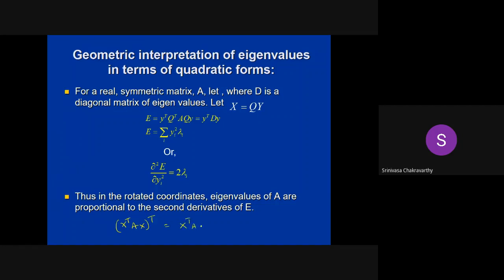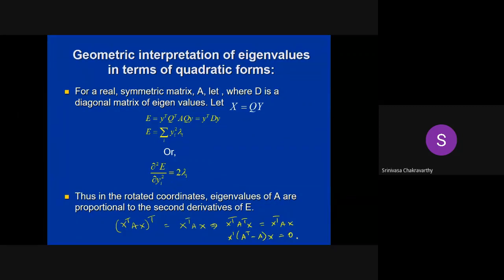Therefore x transpose Ax is equal to its transpose, x transpose A transpose x, which means x transpose (A transpose minus A) x is equal to 0.